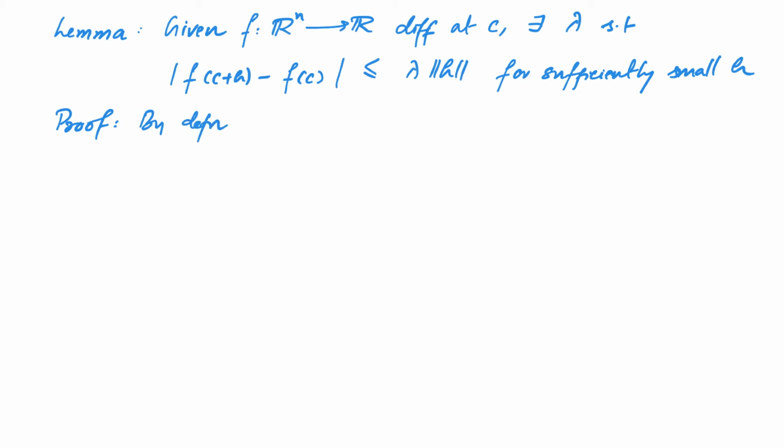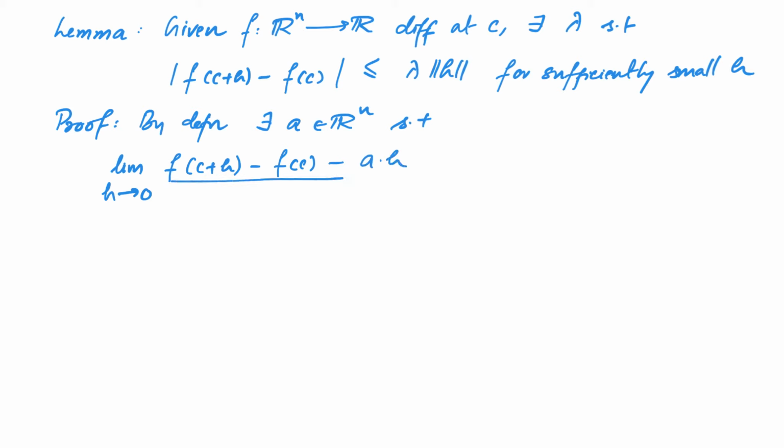Notice that the differentiability of f at the point c tells us that there exists a point a in R^n such that limit h tends to 0 of f of c plus h minus f of c minus a dot h, divided by norm h, is equal to 0. Now we apply the epsilon delta definition of limits to this limit.